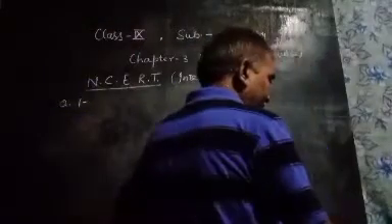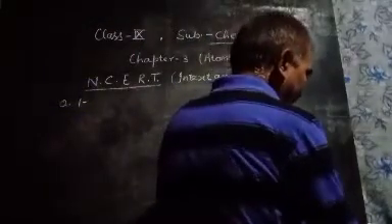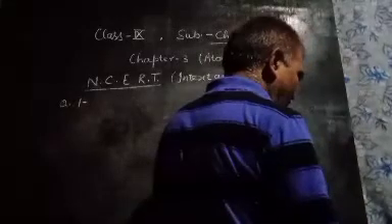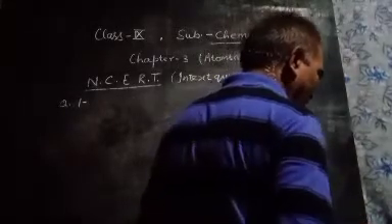Question number 2. Hydrogen and oxygen combine in the ratio of 1:8 by mass to form water.